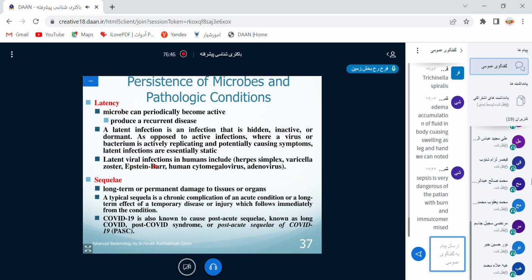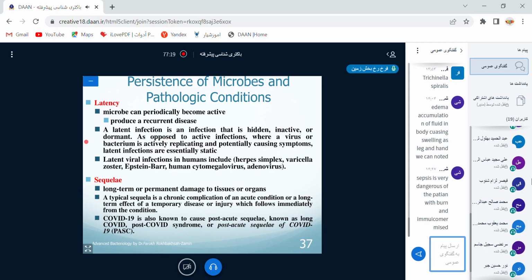Latent viral infections in humans include herpes simplex, varicella zoster, Epstein-Barr virus, cytomegalovirus, adenovirus, and so on. So sometimes it is not a new disease, the previous one is repeated. The immune system doesn't kill all, some remain, and after some time show their problems again.